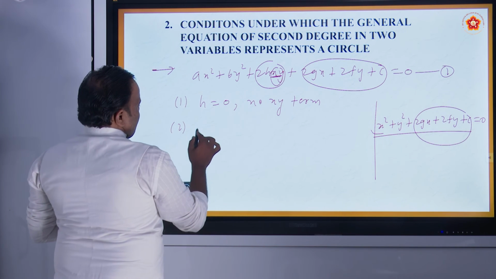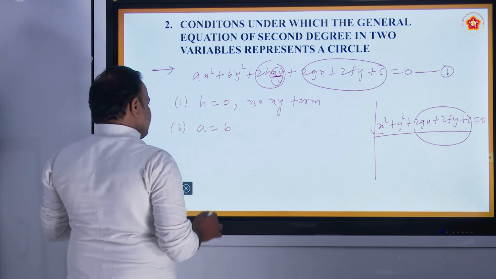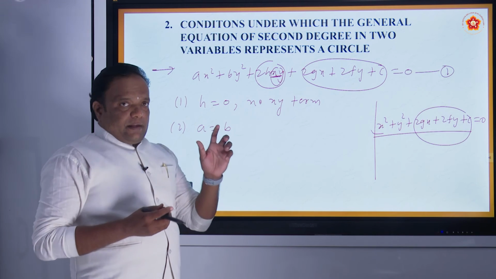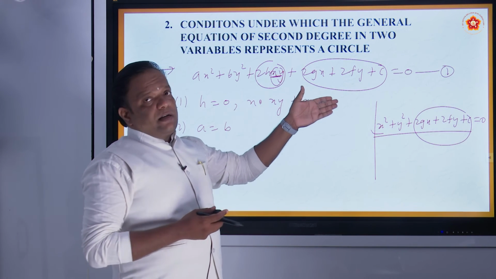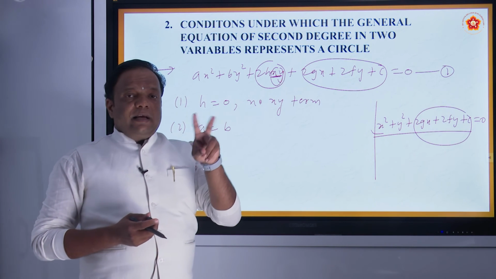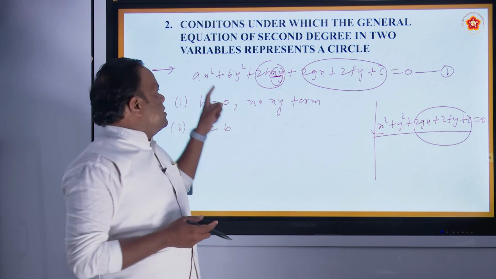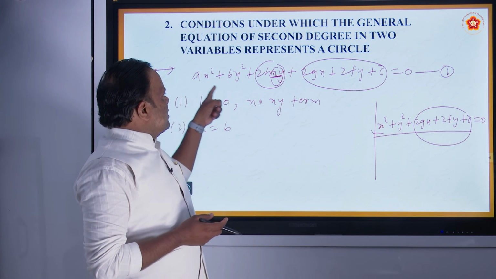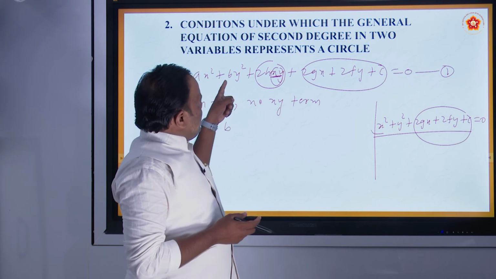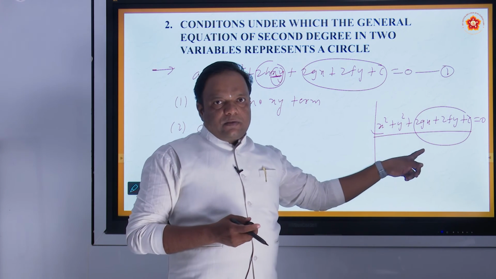And the second condition is a equal to b. Observe here, if this equation represents a circle, then the second condition is that a is always equal to b. Suppose a equal to 1 and b equal to 1, what happens here? 1 into x squared, 1 into y squared, this is x squared plus y squared.